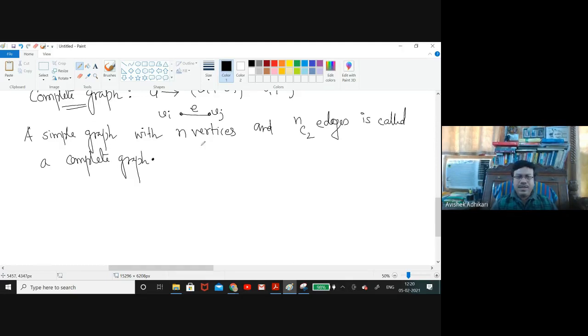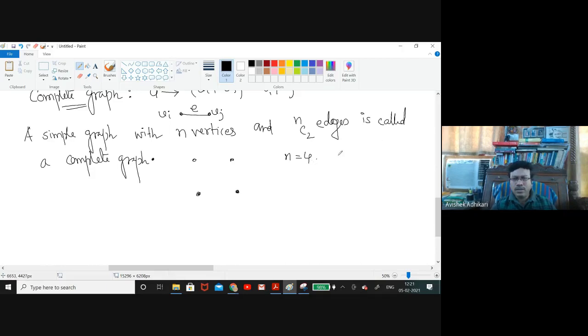So basically, you have n vertices, right? Let us try to understand it with four vertices. So here n equals 4. Now you need to choose all the edges, right? That means you are choosing two vertices at a time out of these four vertices.